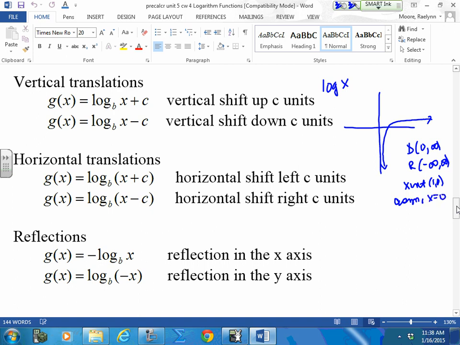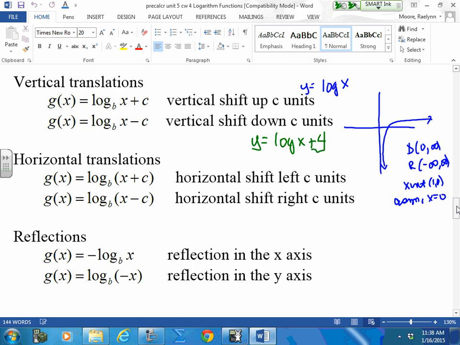Now, if I take this and I do a vertical shift, let's do a plus 4. It works the same exact way as before. When it's not next to the x, it's outside. This is your vertical shift up and down.